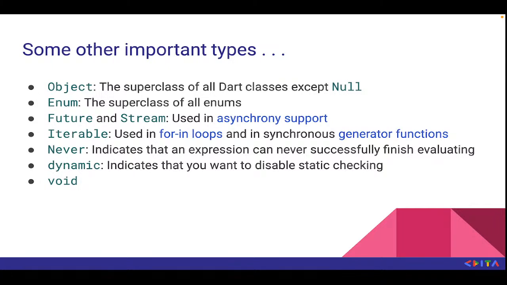Object, which we already mentioned, is the superclass of all Dart classes except null. And then future and stream are more used in the asynchronous part, for example when you're trying to retrieve something from an API, and of course, void.